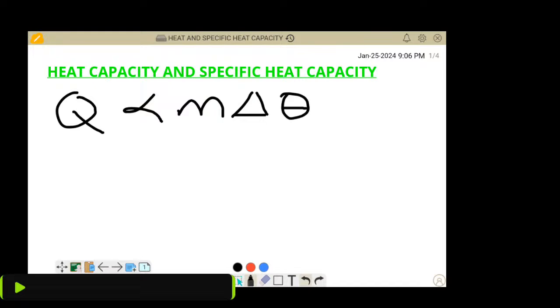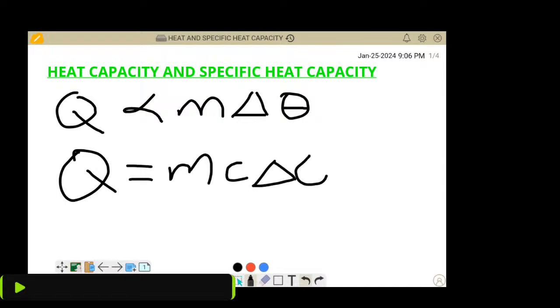We can eliminate the proportionality by introducing a constant of proportionality c, and mathematically this c is known as the specific heat capacity of a body or an object.